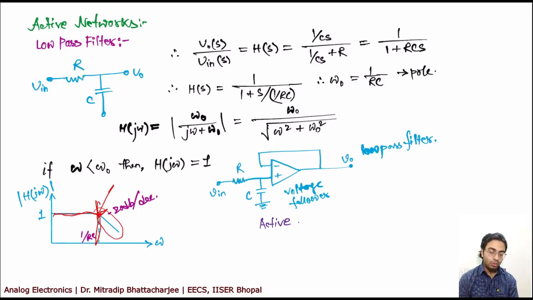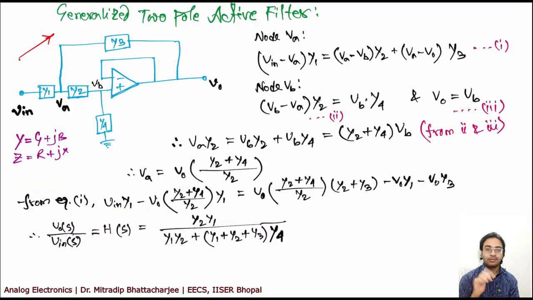Say if you have two poles at a single point, the slope of this will become minus 40 dB per decade. If it is 3-pole, minus 60 dB per decade. If it is 4-pole, minus 80 dB per decade. That means it has become steeper and steeper, so it will be close to that ideal case, right? So a two-pole system will provide you a better solution in case of a filter, right?